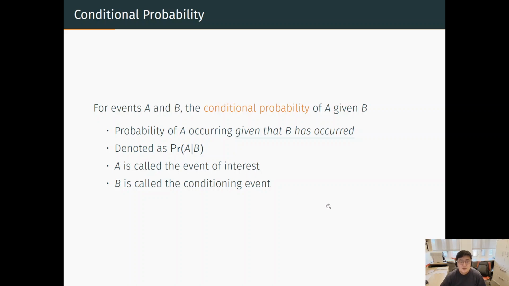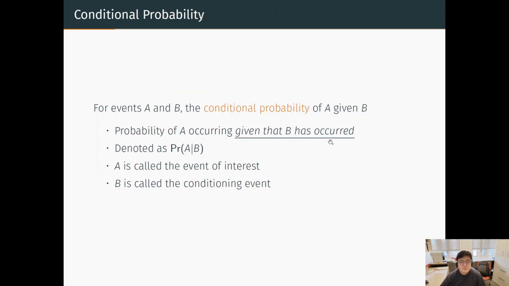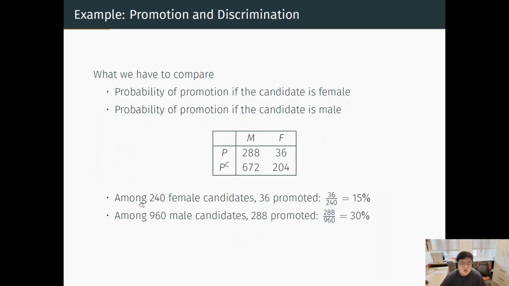Okay? So then, back to our example, what happened? In here, 15% is the probability of promotion among female candidates. So successful promotion among female. That means you randomly choose a candidate, but not anyone. You choose female candidates.